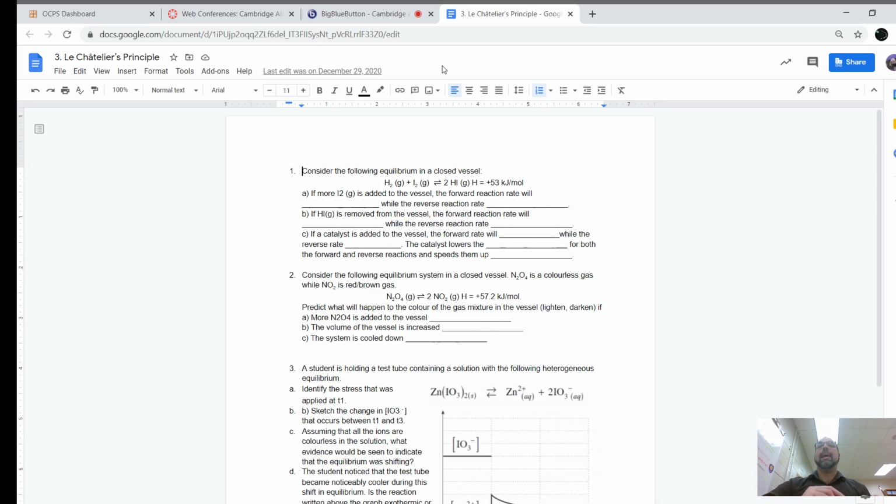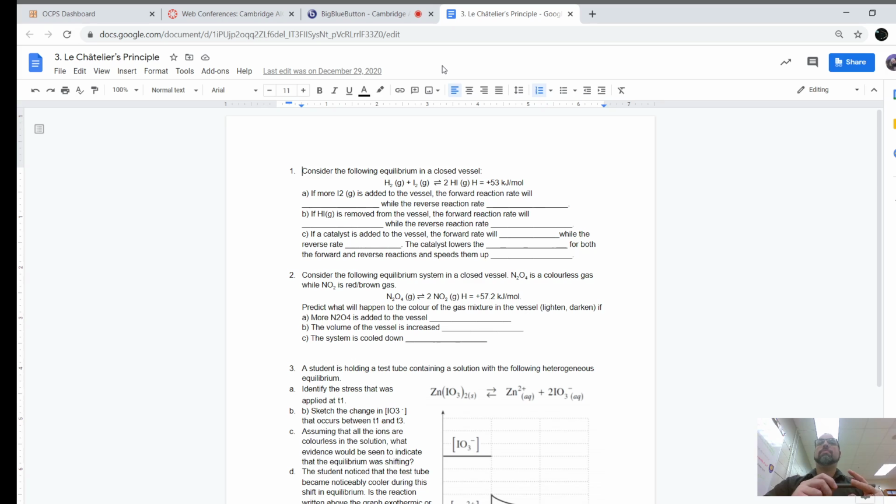For C, if catalyst is added to the vessel, the forward rate will stay essentially the rate of change is going to end up staying the same. Okay. So the rate is going to stay the same, the reverse rate will stay the same.